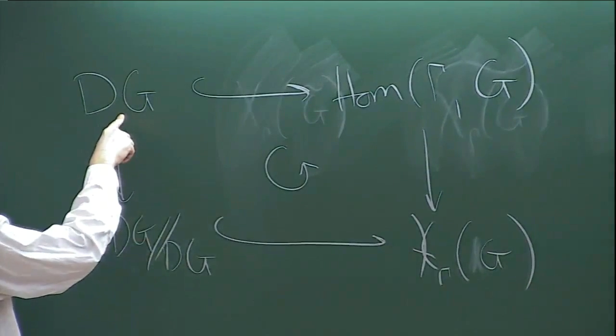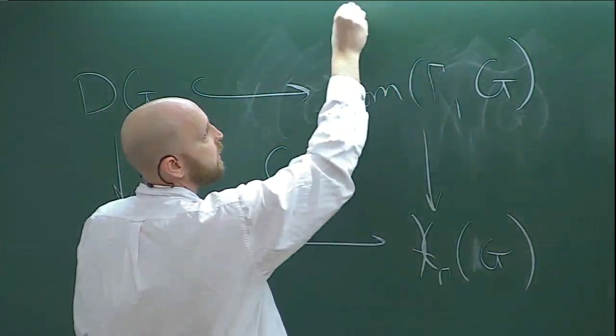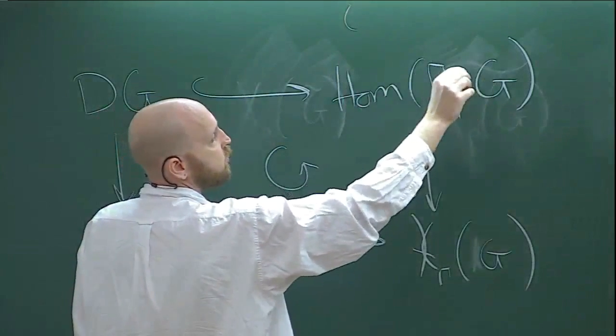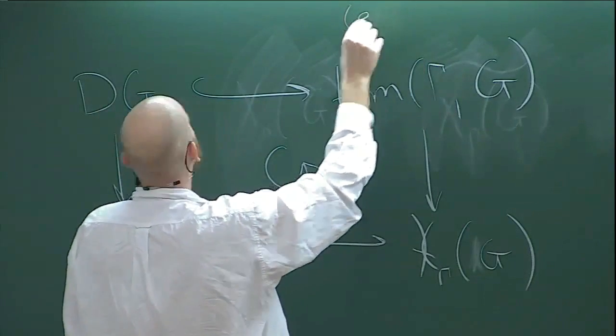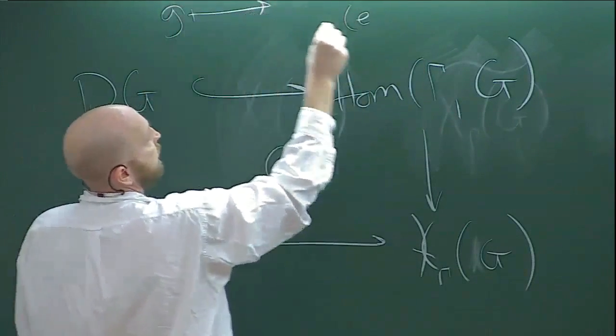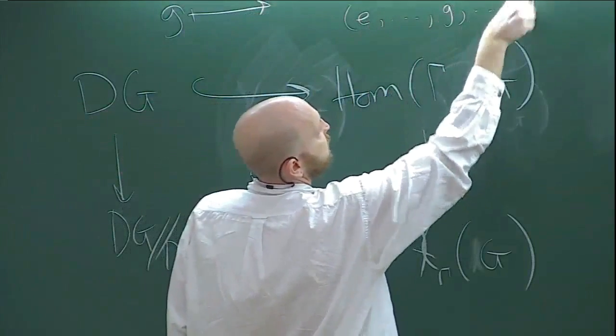And then you look at the inclusion of this group into each factor. So you can think of this as a tuple of matrices that satisfy the relations of gamma. For every generator, you include this guy into the ith slot with a bunch of e's.